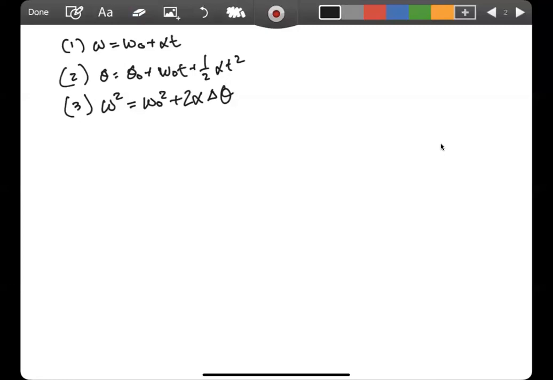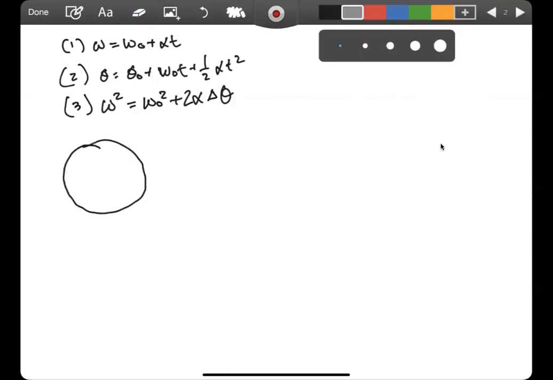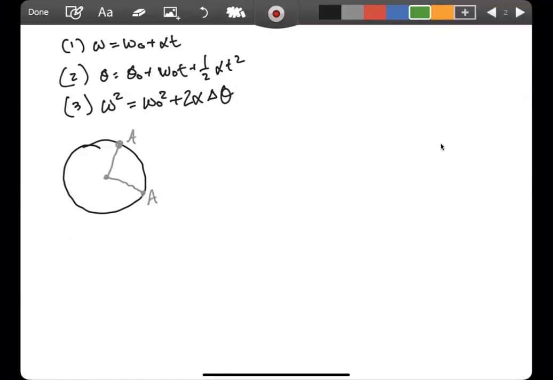Now, the angular quantities are related to the linear quantities in the following sense. If here is a circle that it's moving around, and my point starts here and ends up over here at a later time, then this sweeps out this arc.